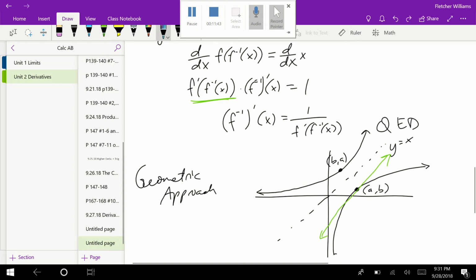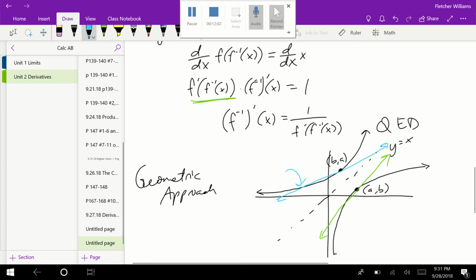Oops. Okay, let's open this one. Trying to be dramatic with the angles here. You can see that actually the slopes of those lines are reciprocals.